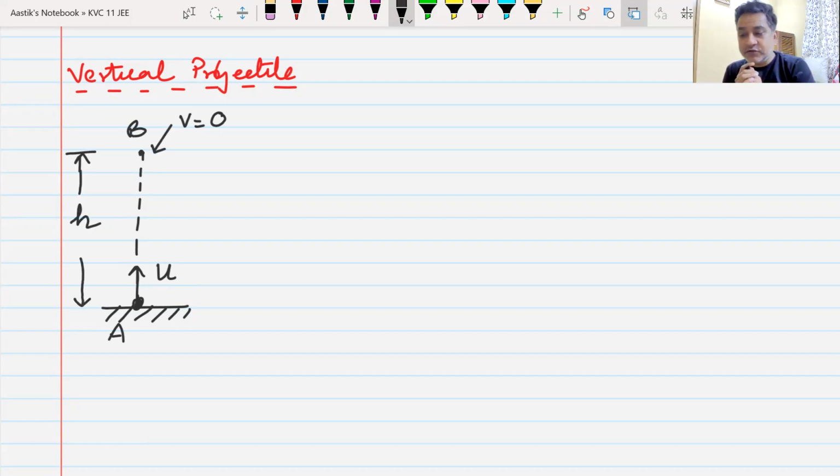Now again I ask you this question. Have we done this before? Yes, sir. We had done it under the heading of motion under gravity, and that is basically a projectile motion.